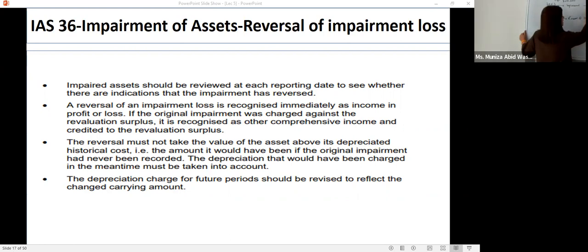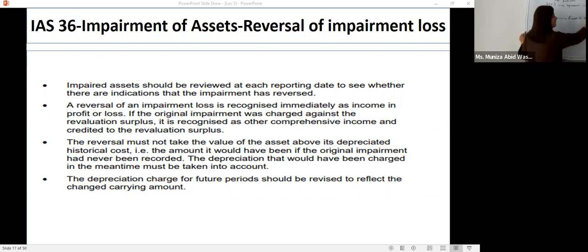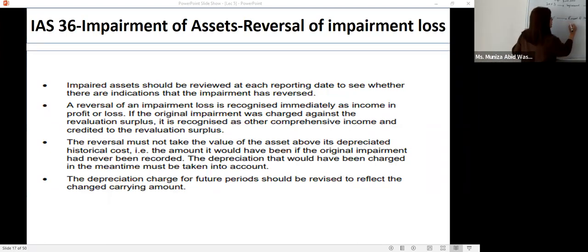Previously, the impairment which has been recorded is 50,000, but now the reversal of the impairment may not be 50,000. What we are going to do in that case is look at the carrying value at 2005 as per the recoverable amount.